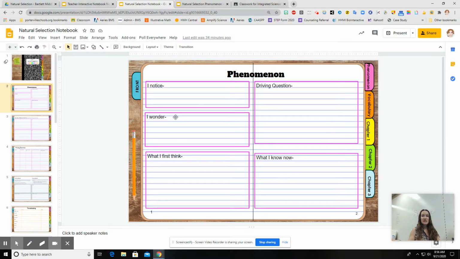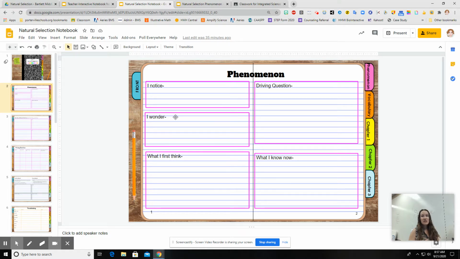So I notice this thing, I wonder this thing. These are the same sentence starters that we used before when we talked about how scientists communicate. So, I noticed, and I wonder. There are no wrong answers because it's what you noticed and what you wondered. So don't feel nervous about noticing and wondering something.